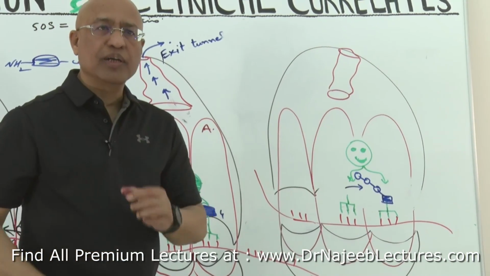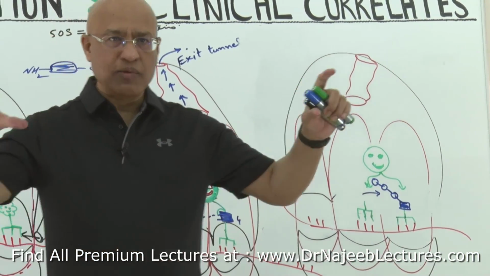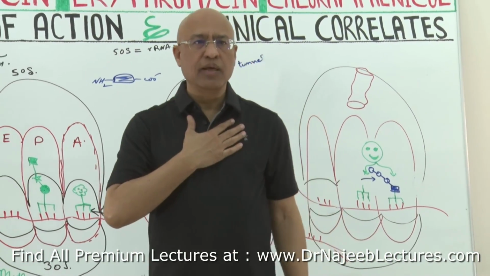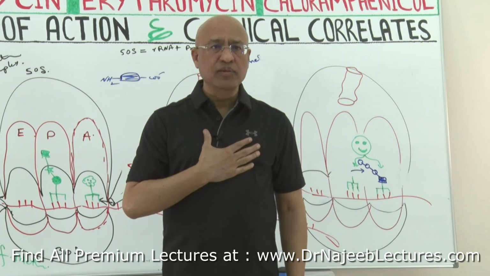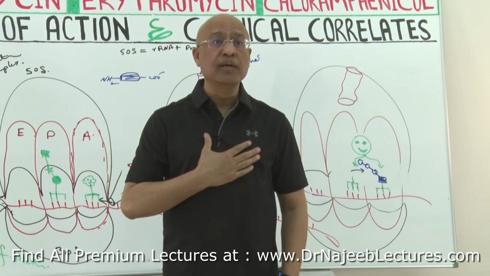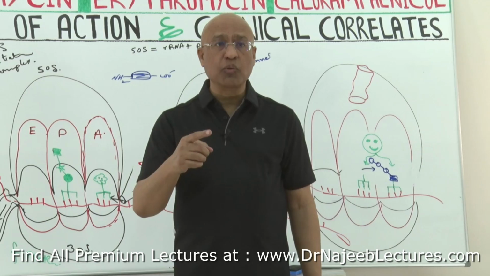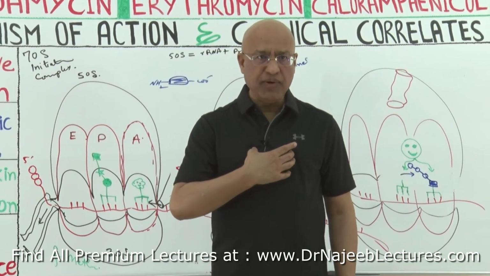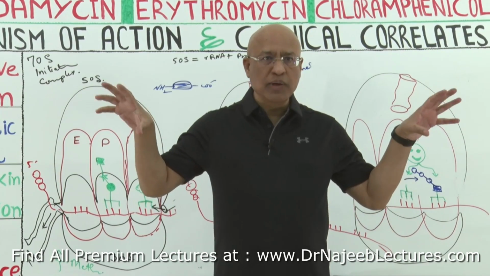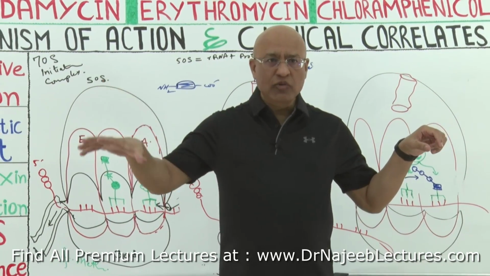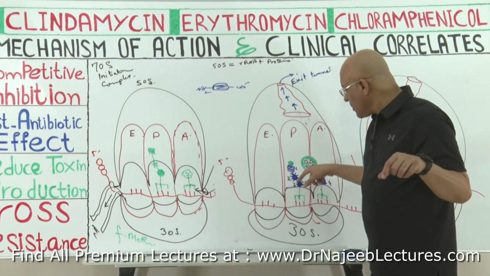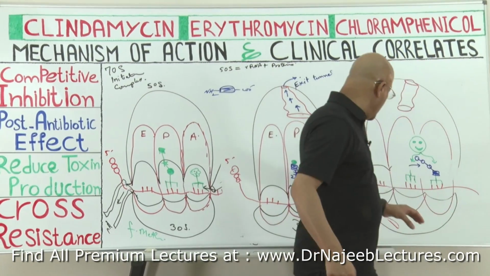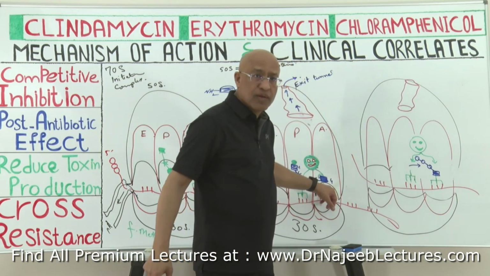So it has two functions. Number one, if I am the 23S ribosomal RNA of the 50S unit, then these are my two domains. This domain is working on the P site and this is working on the A site, right?